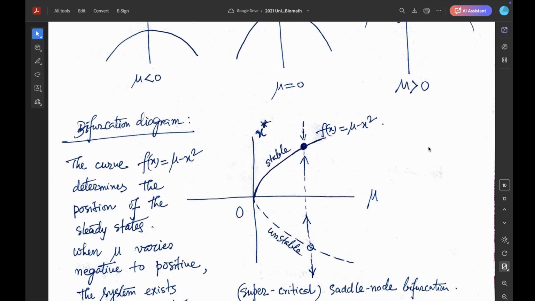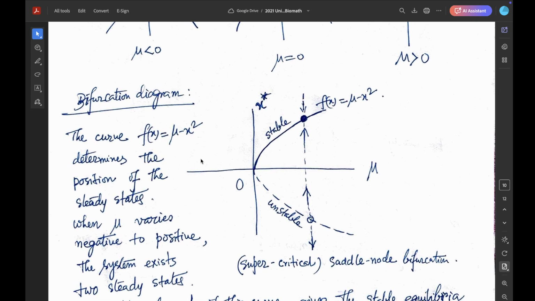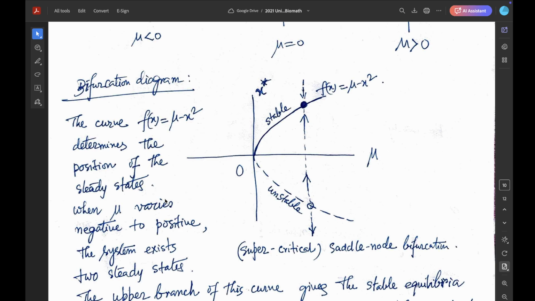Bifurcation diagram: this curve f of x equal to mu minus x square determines the position of the steady state when mu varies from negative to positive. This is the mu axis, horizontal axis, and the vertical axis is x, the critical or equilibrium points.